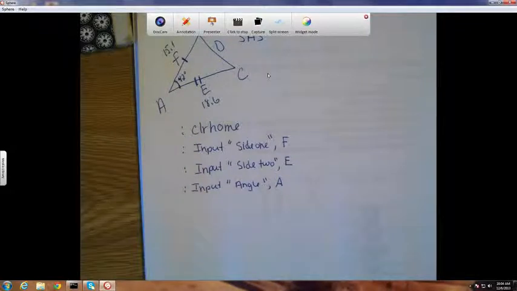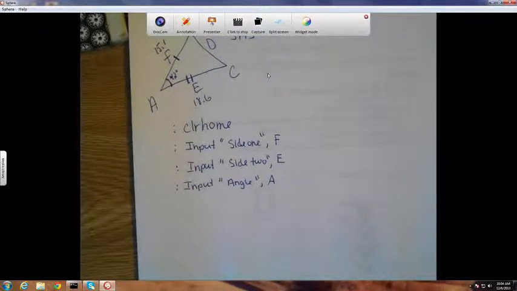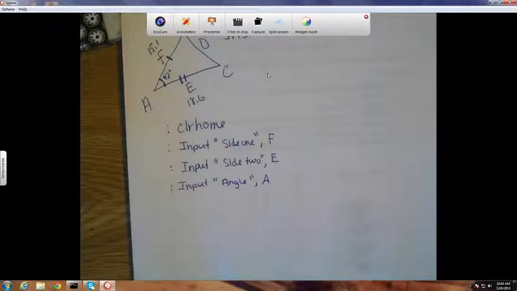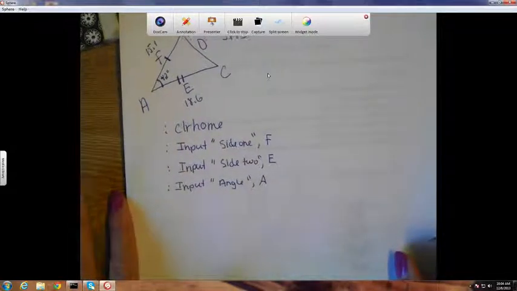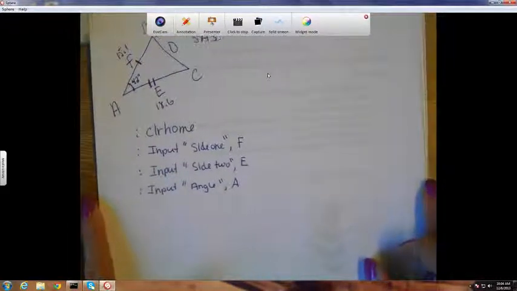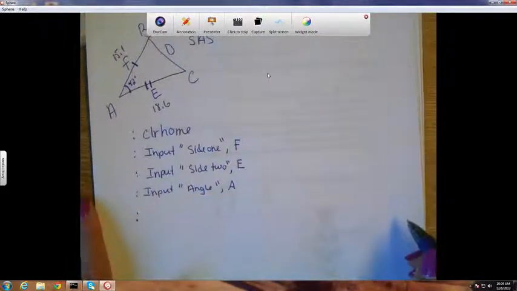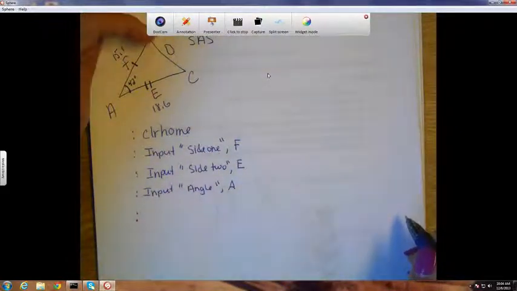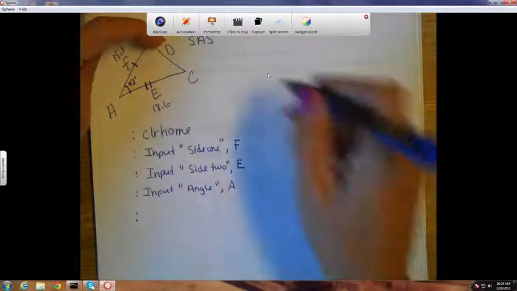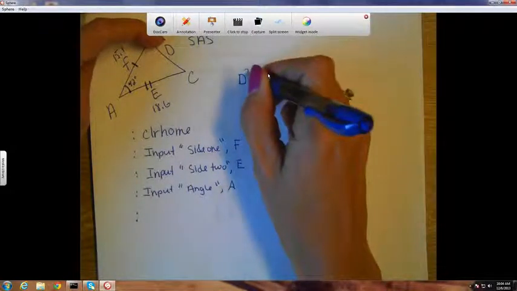Okay, now we gotta do the math off to the side for the first part. With SAS, what was the first thing you found? So I'm gonna come back here after I figure out what it's gonna be. We found the other side, and it's law of cosines. So that would be D squared equals, what was it?